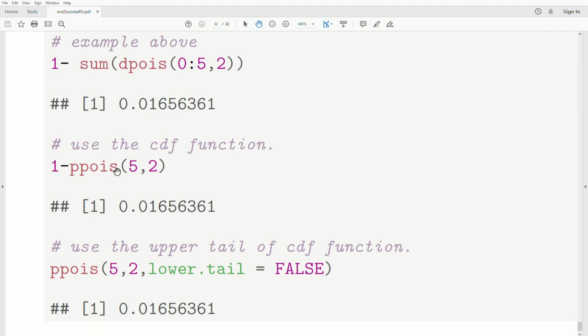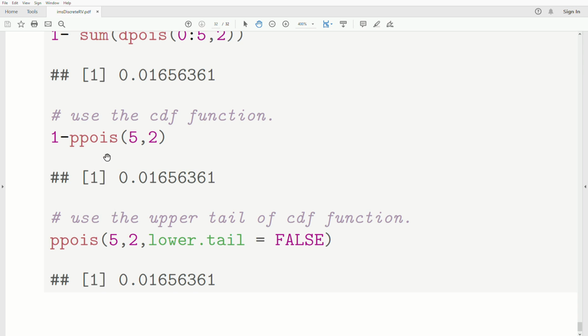We can use the CDF function, which is p. If it's a d in front, it's density. p is the CDF. And then we take 1 minus the CDF, but we're going from 5 and less. Lambda is 2. We get the same value.